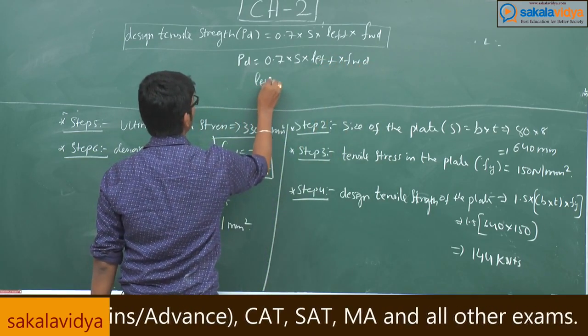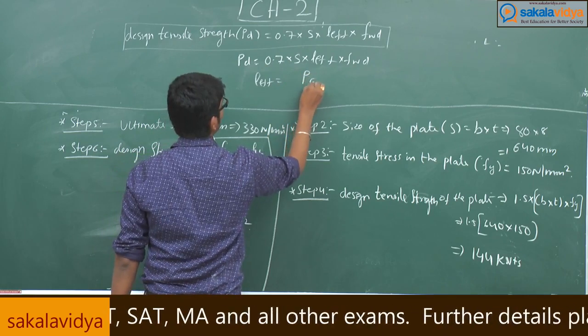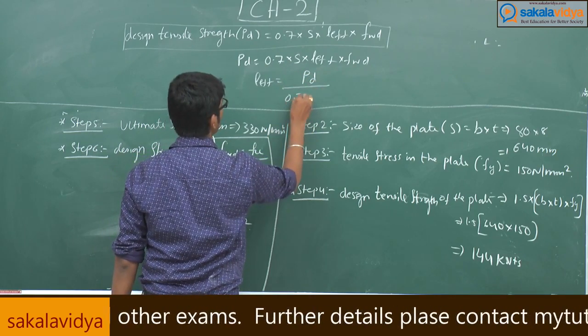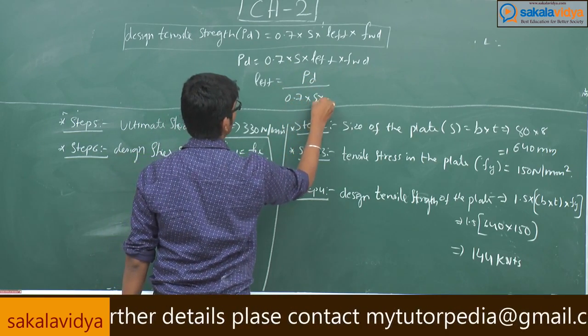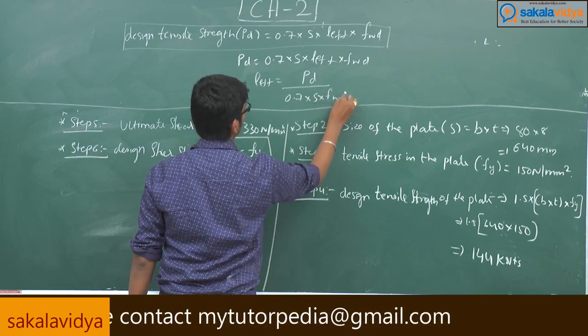L effective is equal to design tensile strength by 0.7 into size of the weld into FWD.